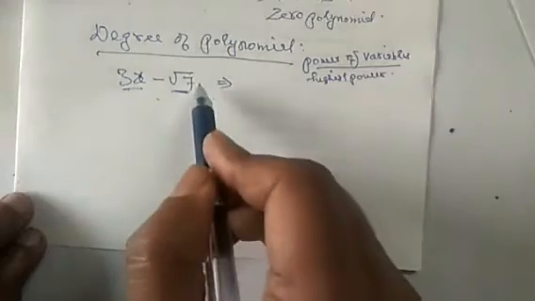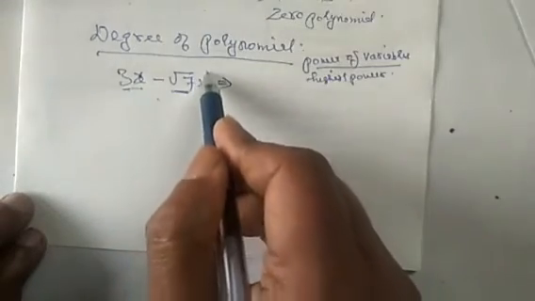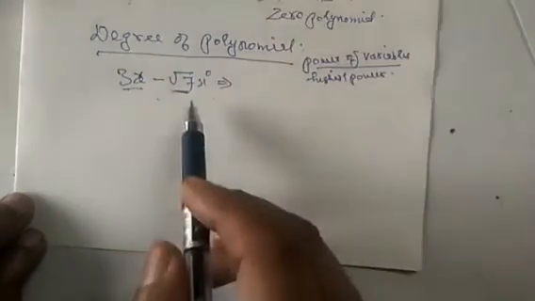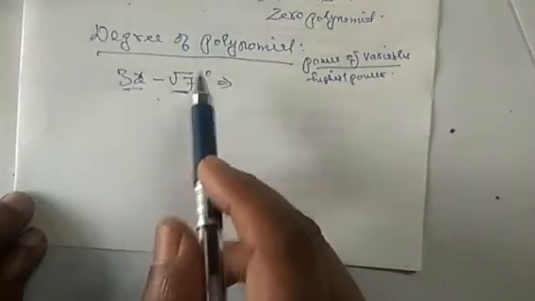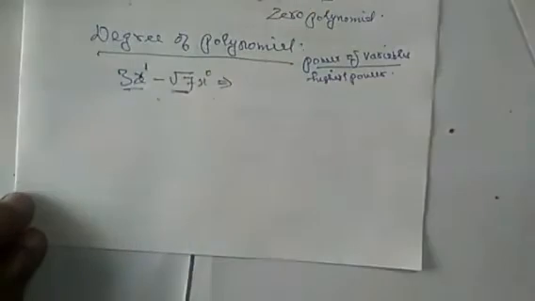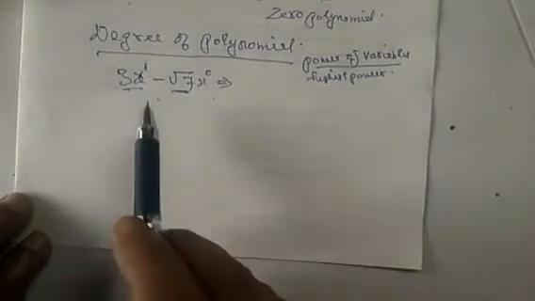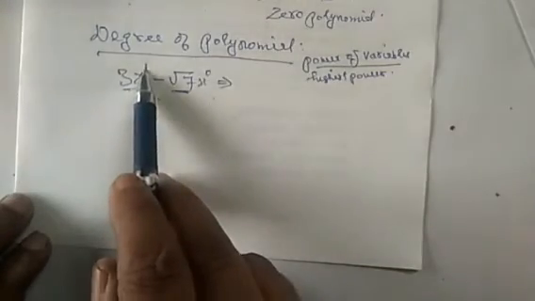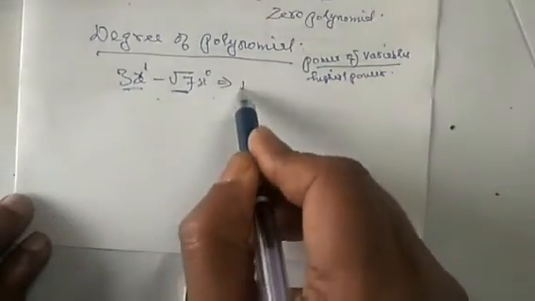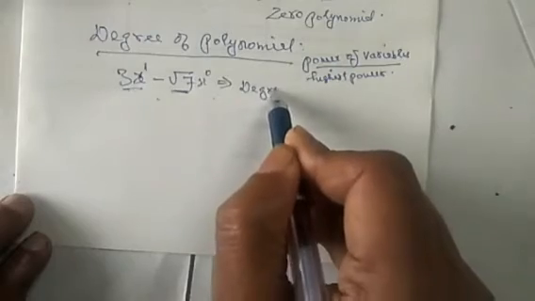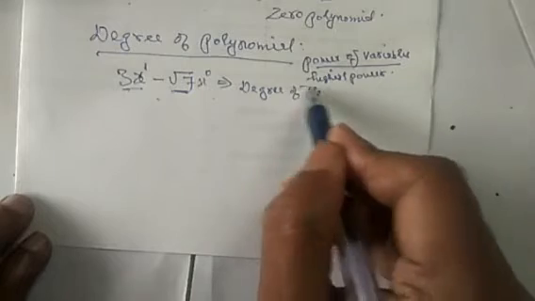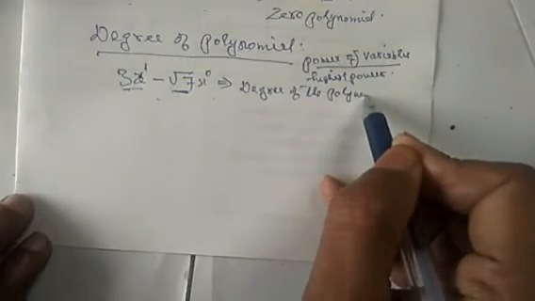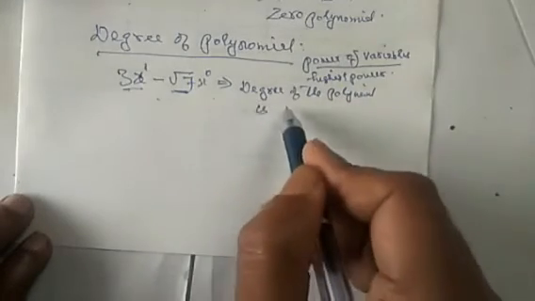Keep in mind, I am not writing anything but you can write x to the power 0 here also. This is a constant polynomial. So x to the power 0 is there and this is having the power 1. I told you highest power of variable. The variable is x here. Highest power is 1, 0 is smaller. So when I say what is the degree, you will say the degree of this polynomial is 1.